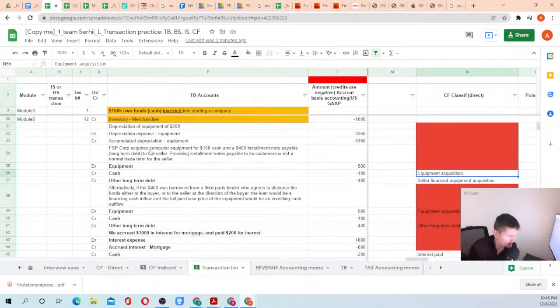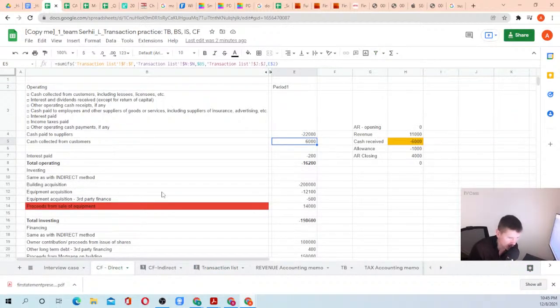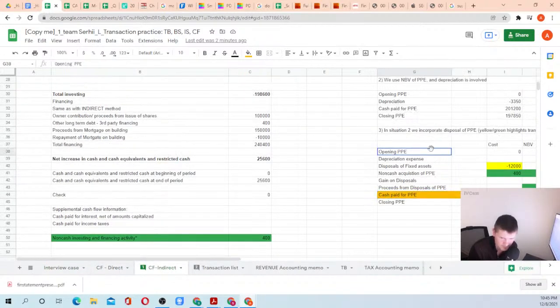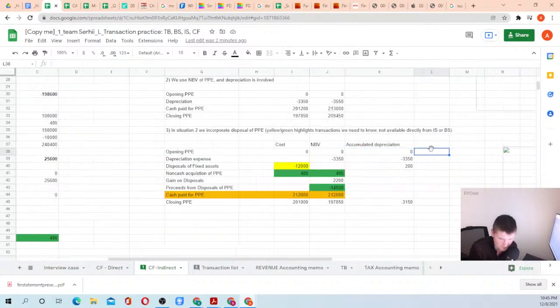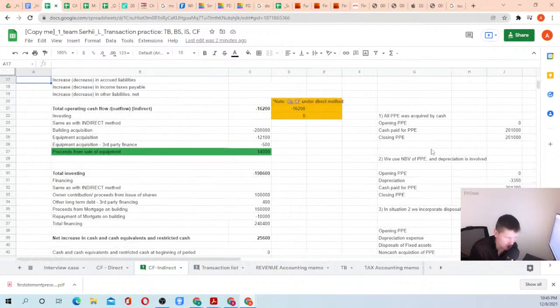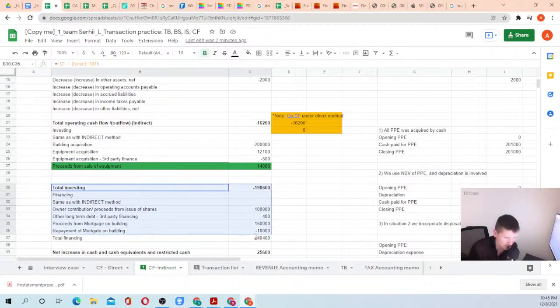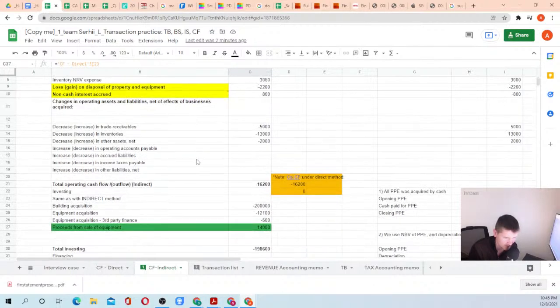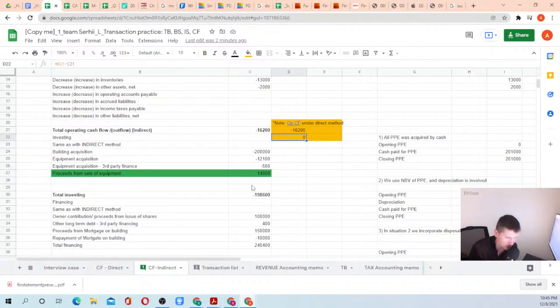So hopefully it made the cash flow statements a bit clearer for you. Maybe you understand that most of the items in the cash flow statements require like double check or triple check, and you only can check yourself if you know against what you are making a check.